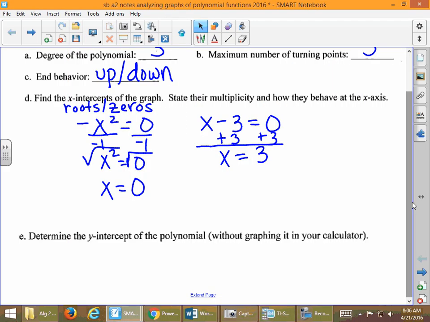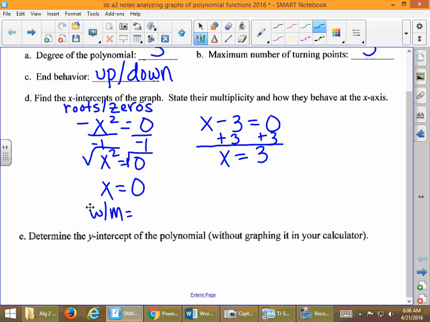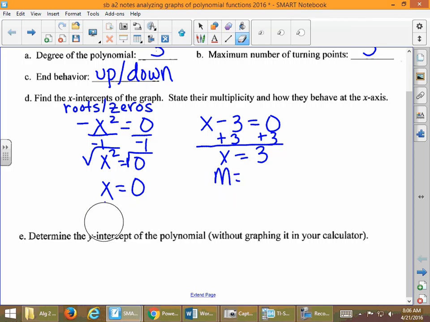Now, what we also want to know is their multiplicity. Well, what is the multiplicity at 0? Remember, it's the exponent on that. And what is the multiplicity at 3? So the multiplicity is 2 at 0, m for multiplicity.